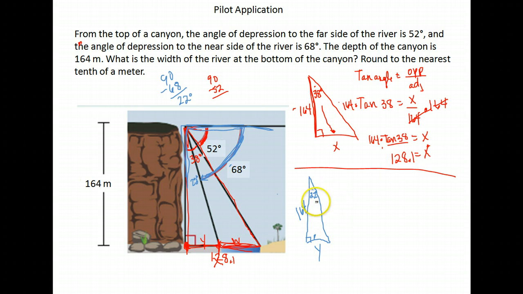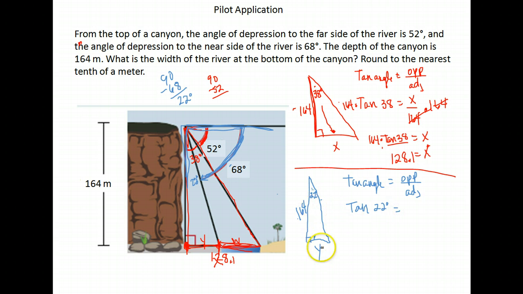Let's set up our equation. Again, we have tangent. We have the opposite here, the adjacent here. We do not have hypotenuse. So we're forced to use tangent. That's the only thing we have the information to use. Tangent of an angle, again, is equal to opposite over adjacent. Fill your information in carefully. We want tangent of our angle. What's our angle? 22 degrees this time.